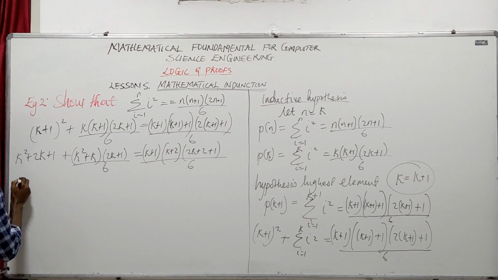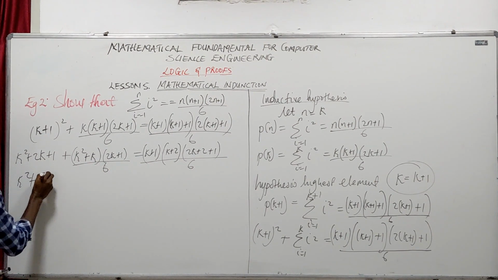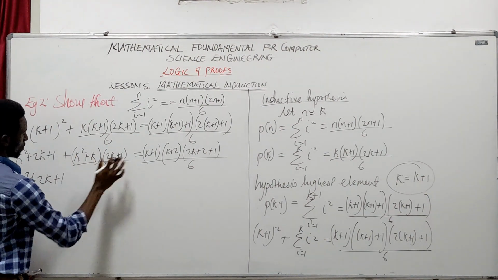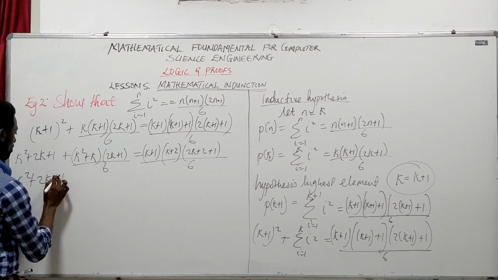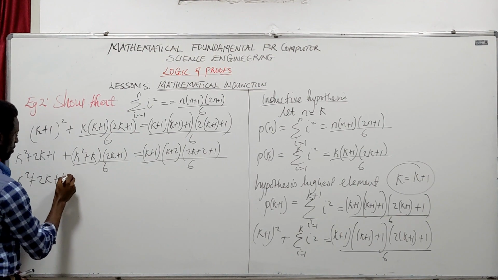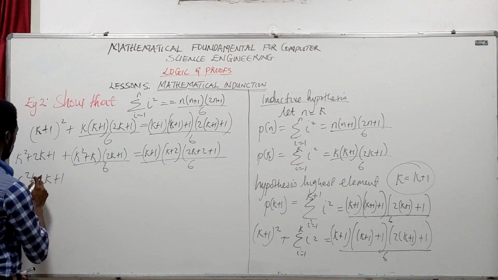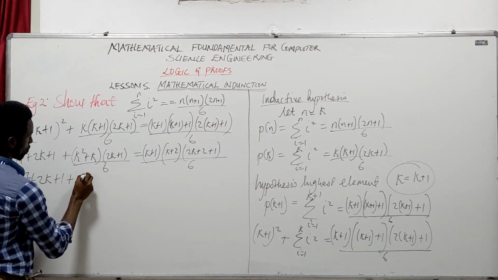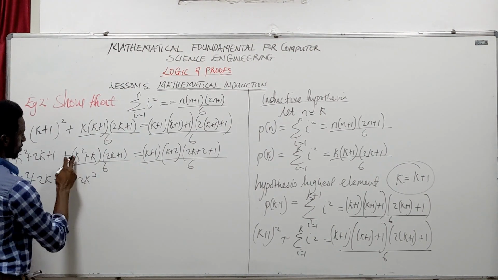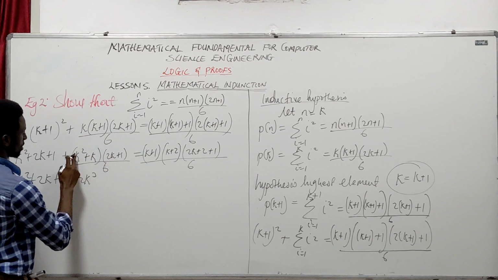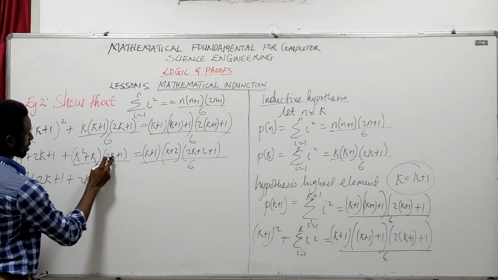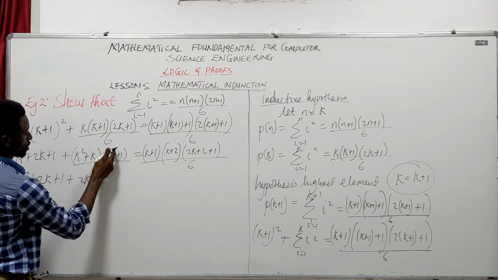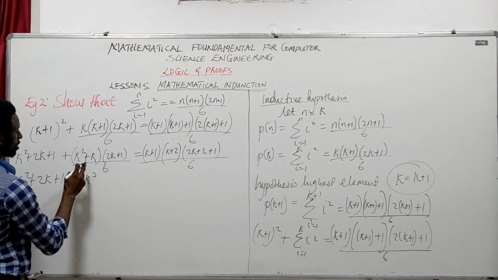So this k squared plus 2k plus 1, plus 2k cubed, because k times k is k squared plus, adding the powers, 3.